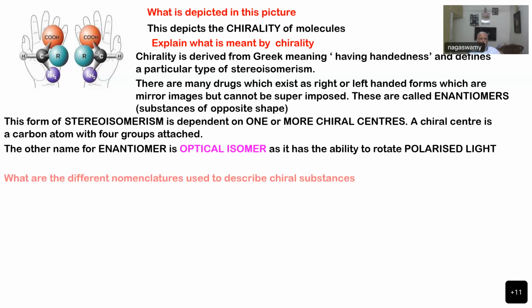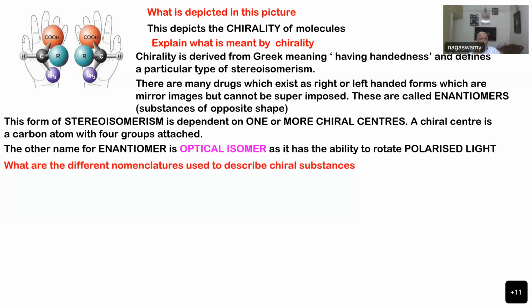to another. So what different nomenclatures are used to describe chiral substances? What are the other names that you can use to describe chiral substances? Because they are not described with only one name. Normally we see dextro or levo. That's common, all of you would have heard about it.